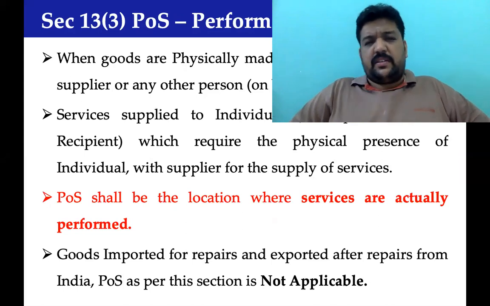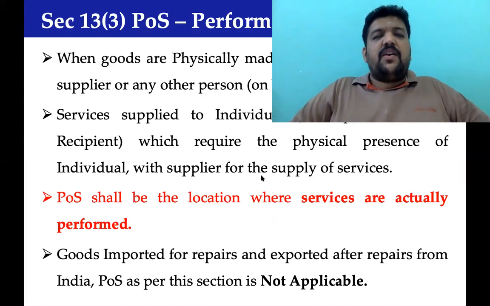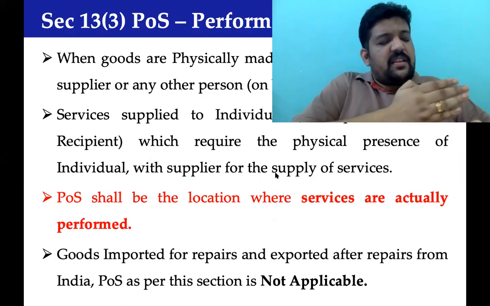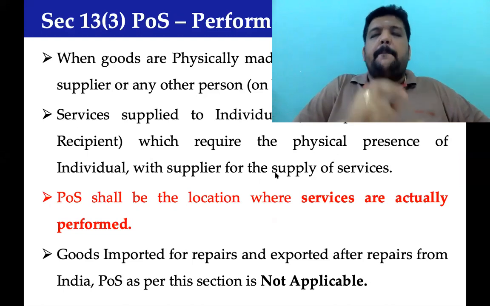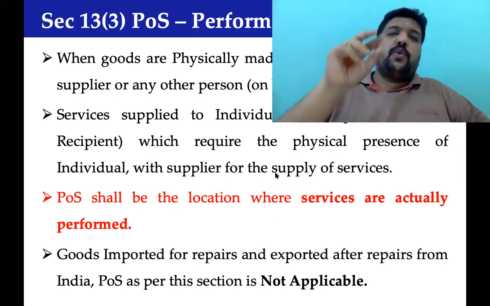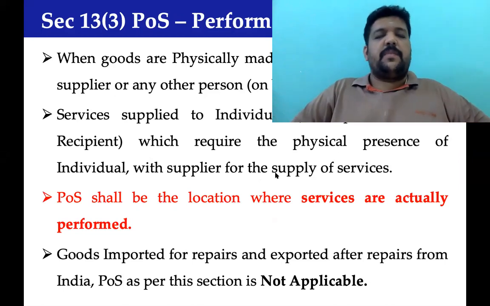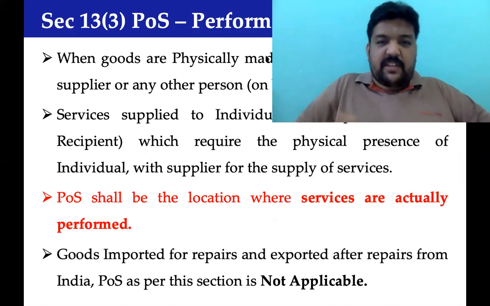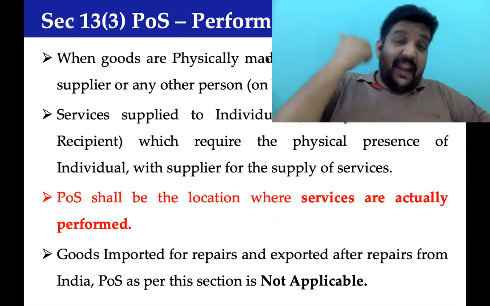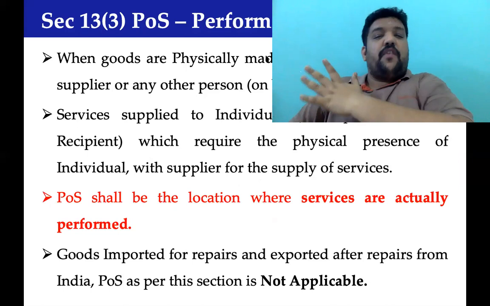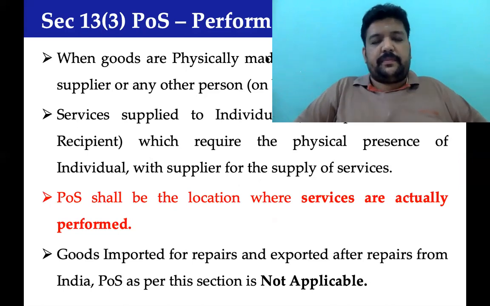Where any services are supplied by a person, which require goods to be physically made available by the recipient of service to the supplier of service for provision of service, either to the supplier or to any other person, the place where the service is performed, that would become place of supply.